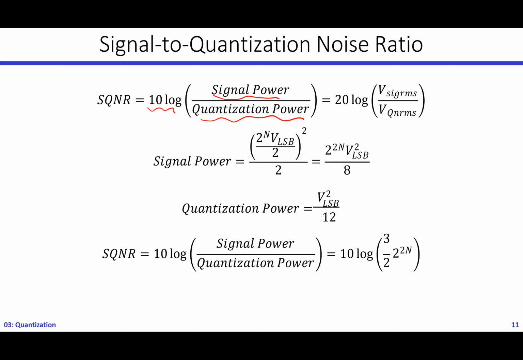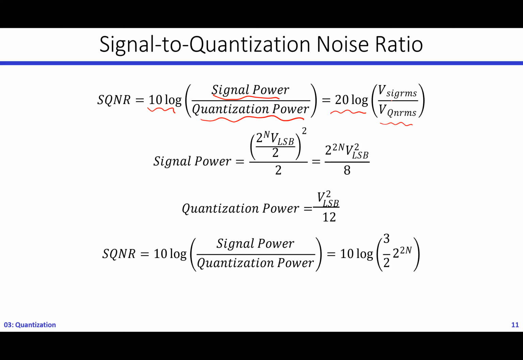If you convert it into the voltage domain, the square comes out from inside and goes outside, so it becomes 20 log of V signal RMS over quantization noise RMS.